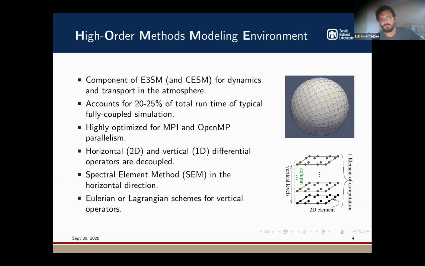Each of those quadrilaterals that you see in the mesh at the top is then extruded vertically for a certain number of vertical levels, which is configurable. And each of those layers has, in HOMME, usually 16, an n by n grid of degrees of freedom, which are the Gauss-Lobatto points of the spectral element method, if you're familiar with that. So that's how HOMME grids look.